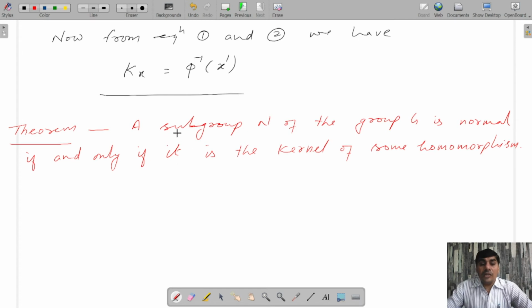In this theorem, we have to prove that if N is a normal subgroup of any group G, then it must be the kernel of some homomorphism. And if a group G has a kernel N, then it must be normal.